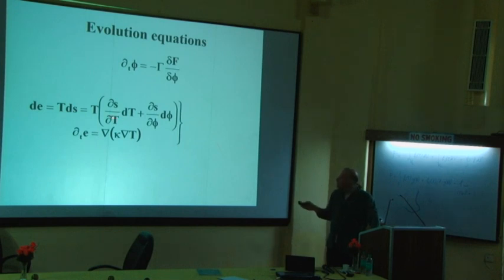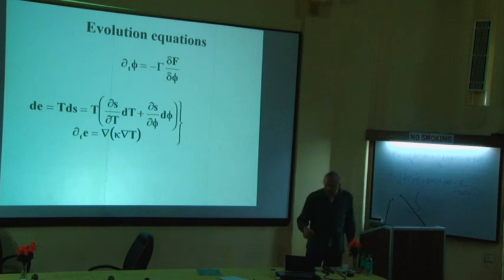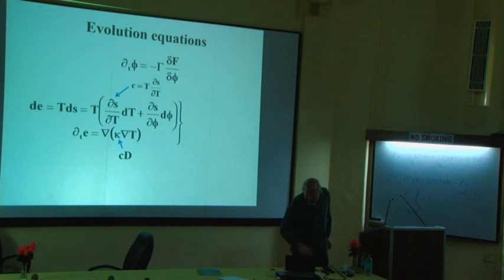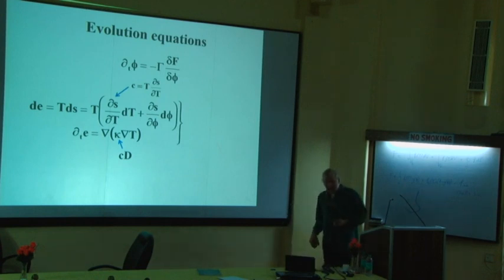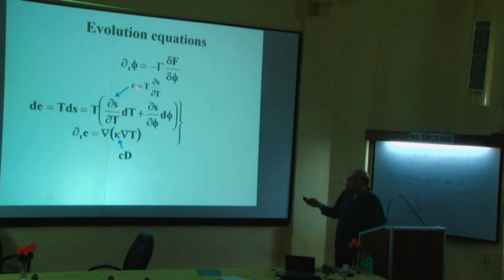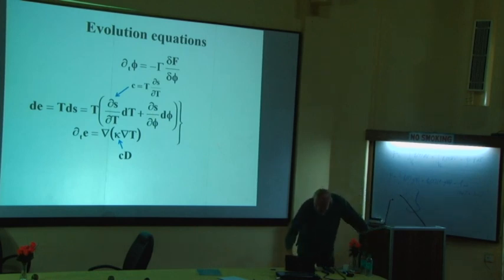And now I only have to evaluate these partial derivatives here to get the result. So this one, dS by dT, can be related to the specific heat. The specific heat is given by T times dS by dT. Okay? So I can replace this by C divided by T. And dS by d phi I have just to calculate from the interpolation that I made.